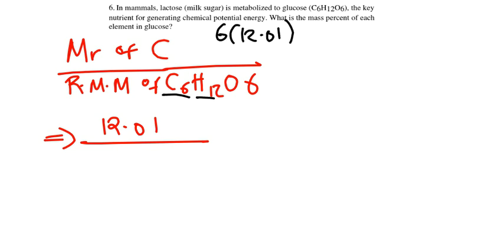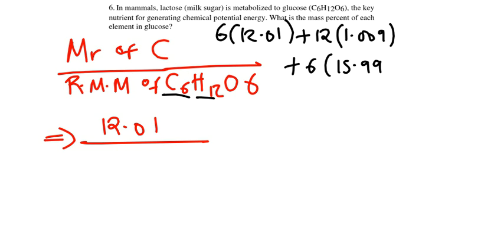For the molar mass of glucose, we can calculate it as 6 times 12.01 for carbon, plus 12 multiplied by 1.009 for hydrogen, plus 6 times 15.998 for oxygen.